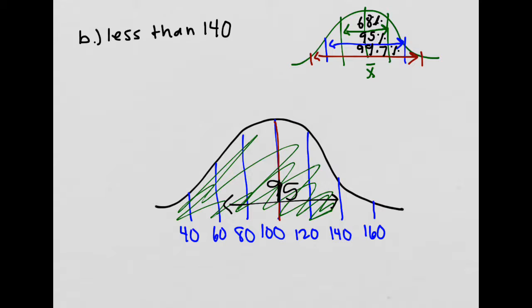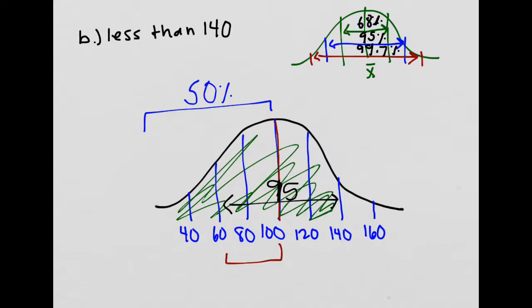And so we need to know what is the area right here within that region. So there's several ways you can do this. One way is to know that this section right here is 50% of the data. And again, we know that this section is 95%. So let's divide 95 by 2 to find out what this section is. 95 divided by 2 is 47.5.